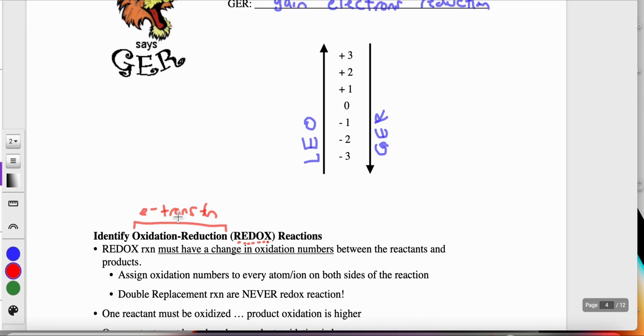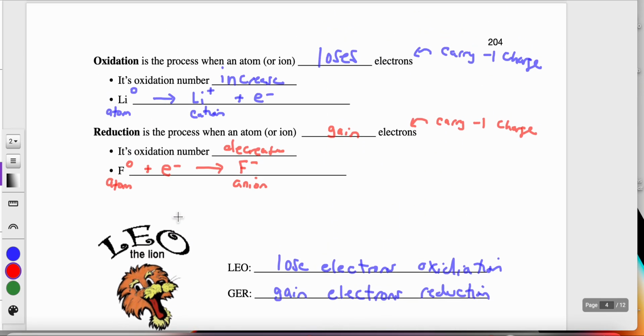One structure in the reaction has given away electrons, and another structure in the same reaction has gained them. These two processes, oxidation and reduction, happen together. You can't have an oxidation process without reduction also occurring.